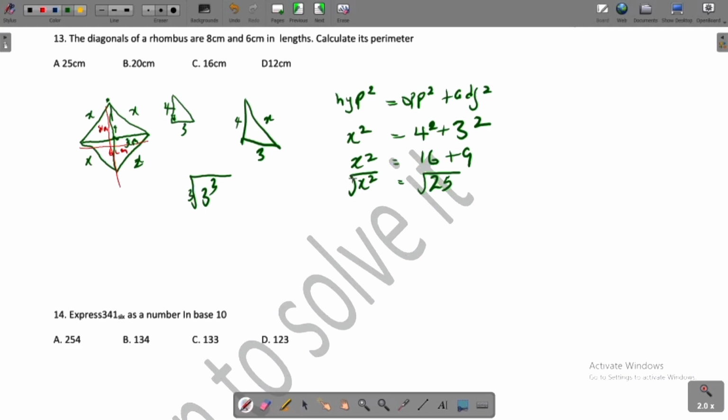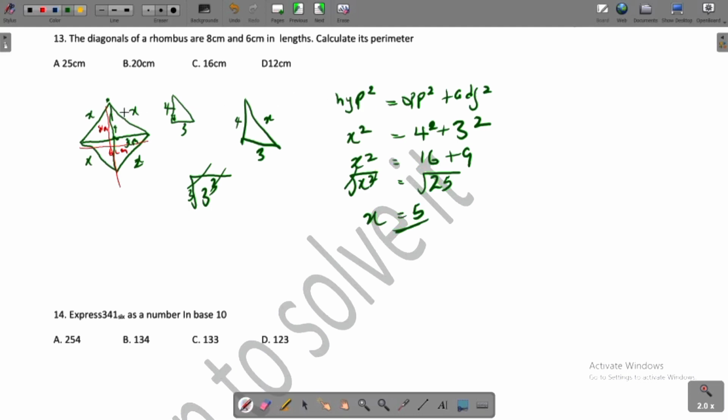Actually there's a 2 here, but in the square root it is invisible. If we're talking about the cube root, the 4th root, the 5th root, you need to put the value here. So this cancels this, and this takes out this. Now you have x. The square root of 25 is 5, like 5 times 5 equals 25.